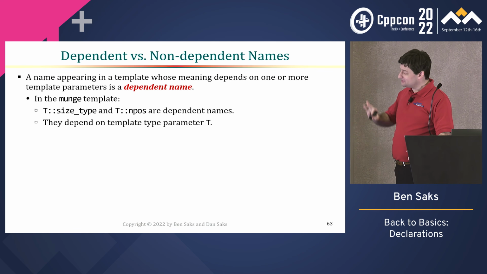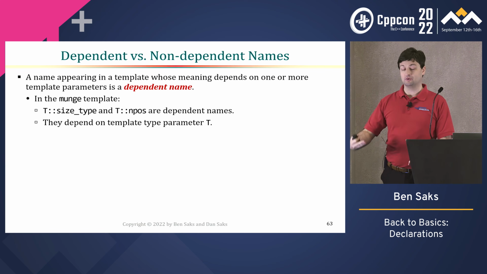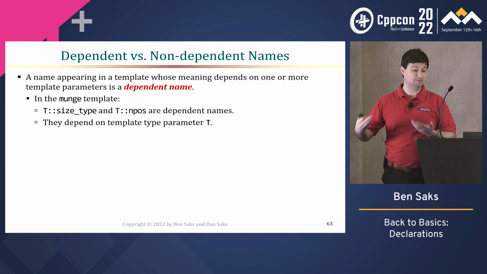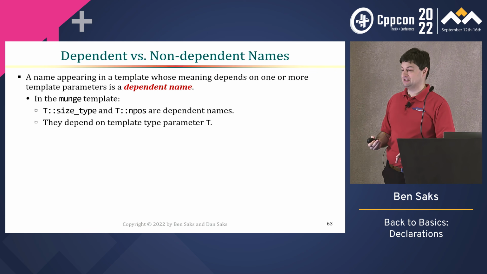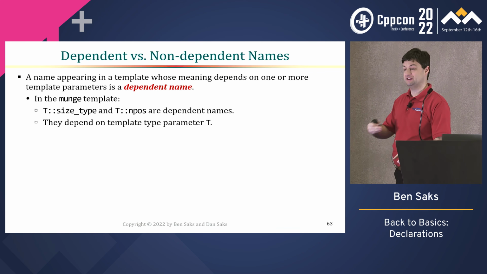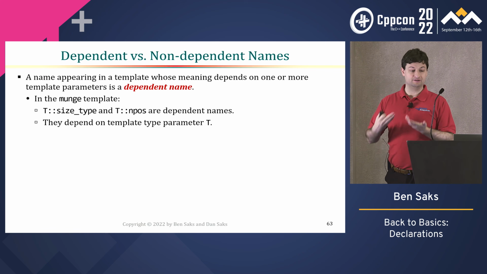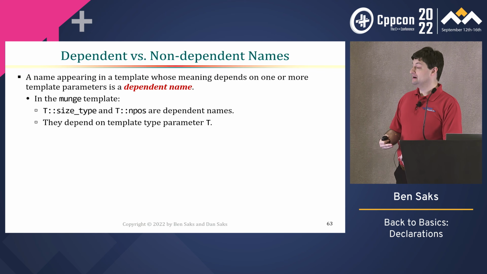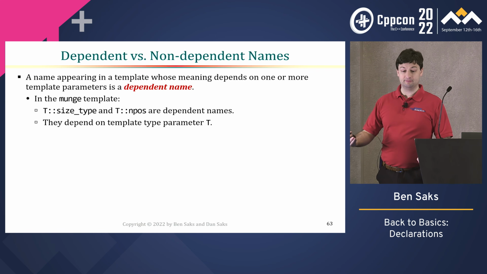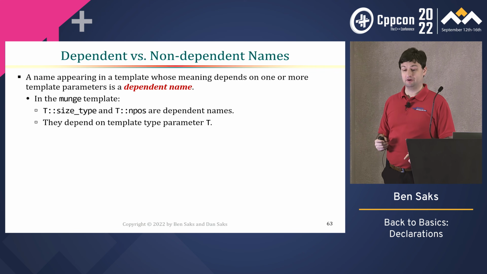So the meaning of that line of code changes depending on whether or not size type and npos are types or not. So in order to make sense out of that line during the first phase of template translation, in order to do the kinds of error checking that we want the compiler to be able to do during the first phase of translation, the compiler needs to know whether those dependent names, as we call them, are types.